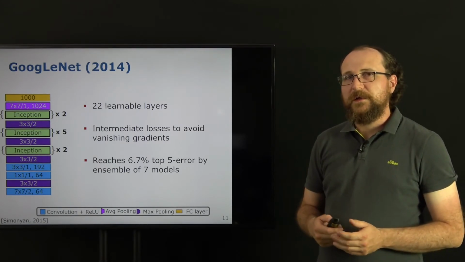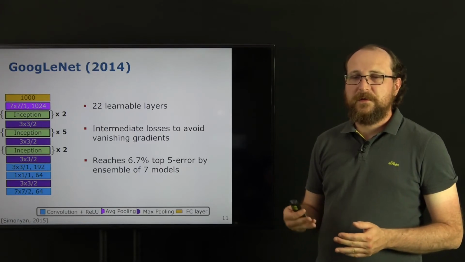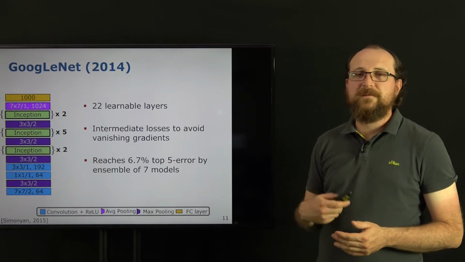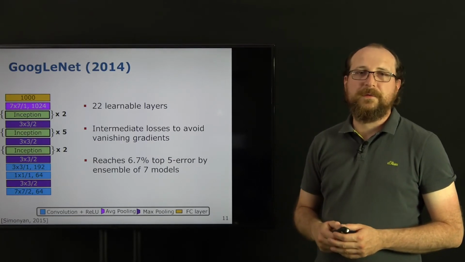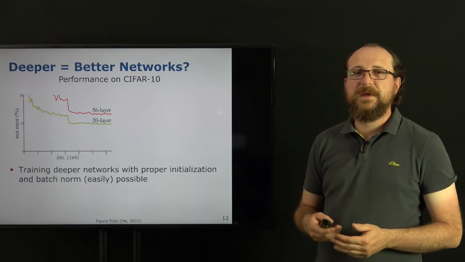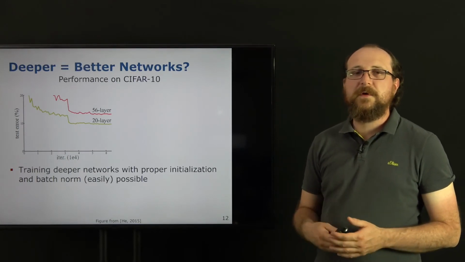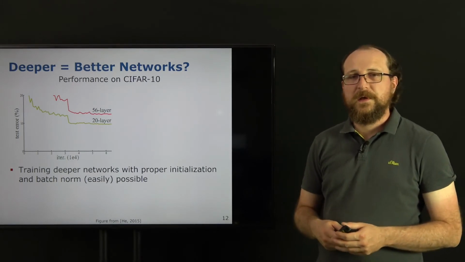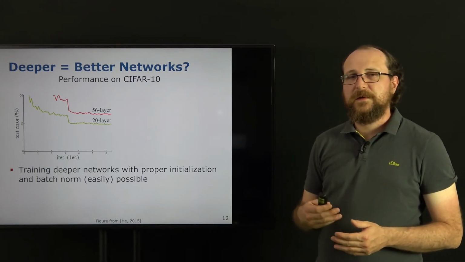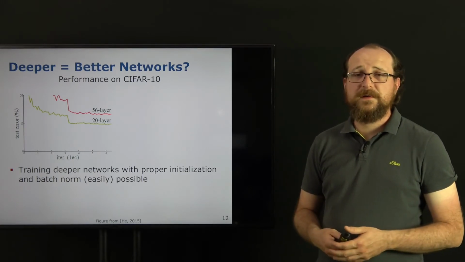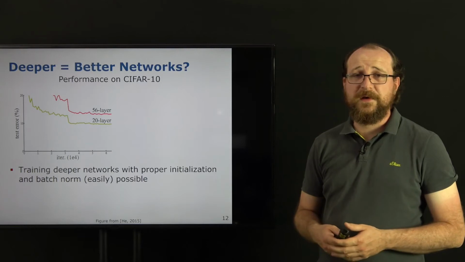So the question is now, we are increasing the size of the network. Can we go on with this infinitely? Can we get better performing networks by always using deeper models? To this end, He et al. made the experiment, not on ImageNet, but on CIFAR-10.